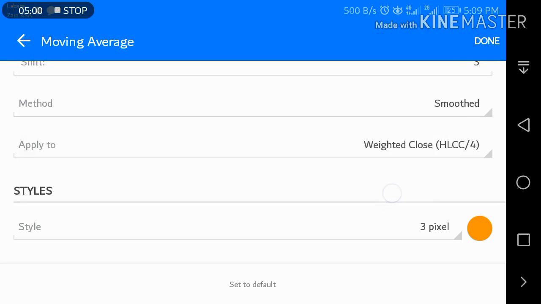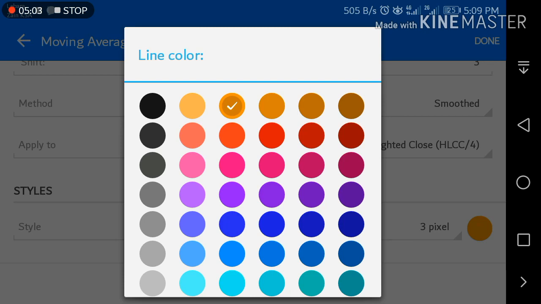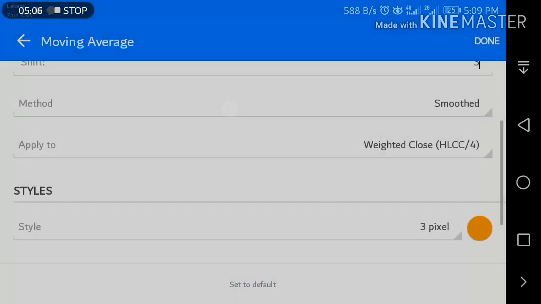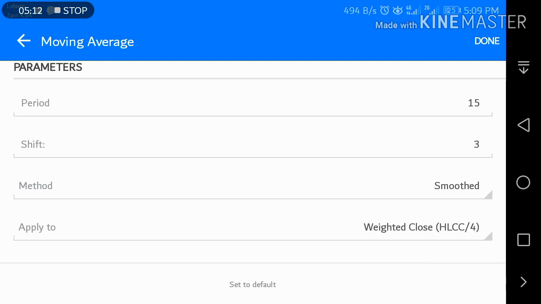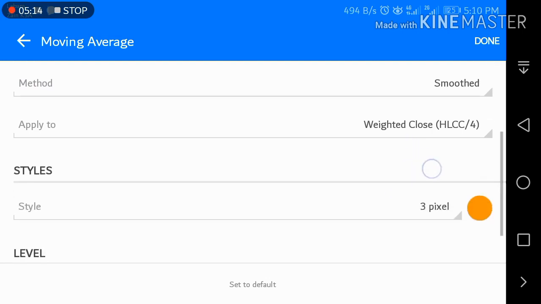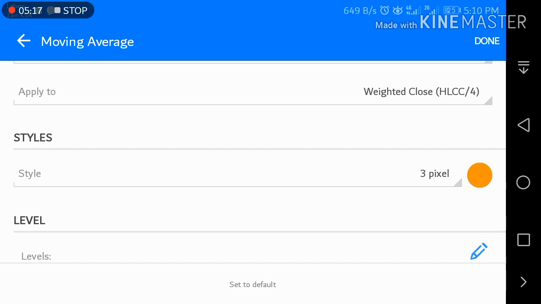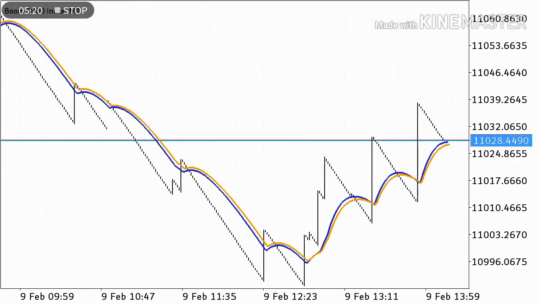We'll discuss it in another video. Focus on this strategy. Okay, let me choose the golden color. Again, look here: period 15, shift 3, smoothed, applied to HLCC4, and 3 pixel color as you see, and done. Very awesome, very good, very true strategy.